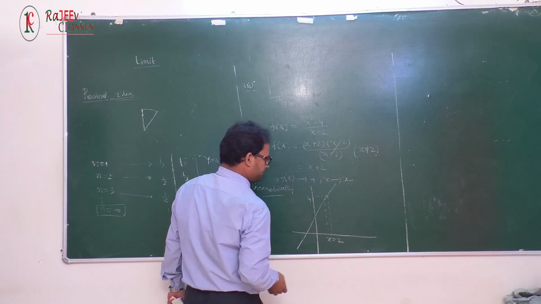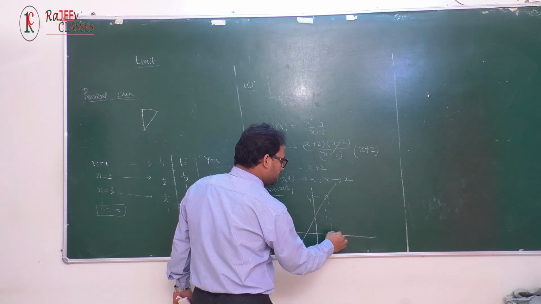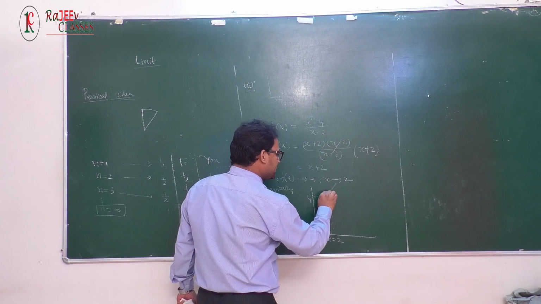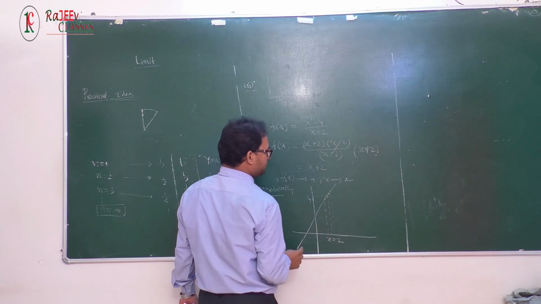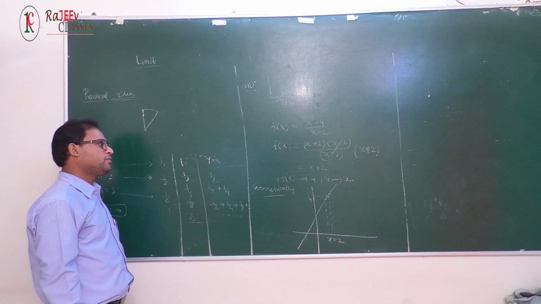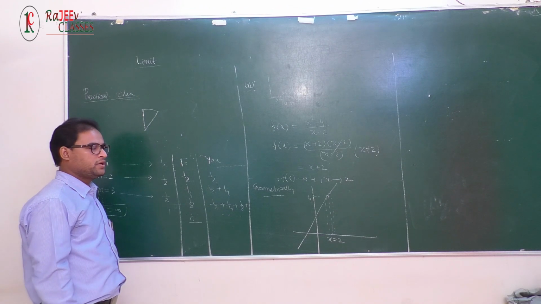This is nothing but 4. The value of the function at this point is not defined, but when you come from the value just greater than 2, that is from the right hand side, again you are approaching the same value, that is you are moving towards 4. So we can say that the limit of the function exists and the limiting value of the function is 4, but the value of the function at the point 2 is not defined.